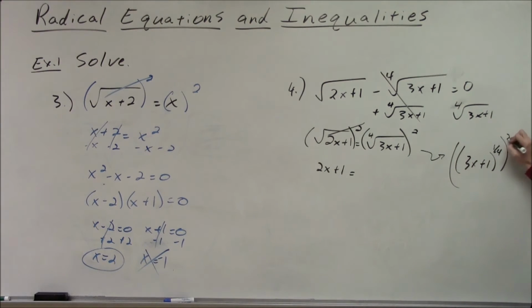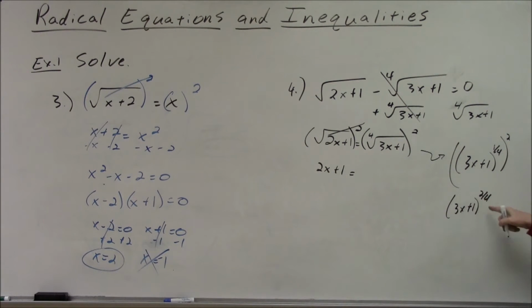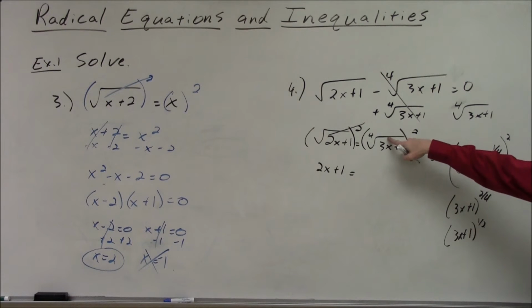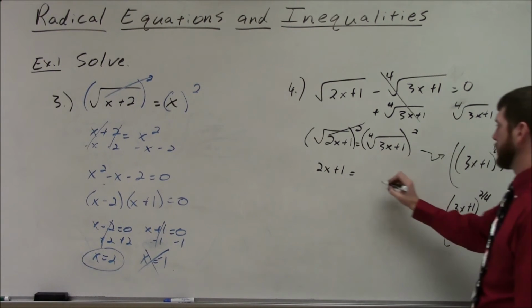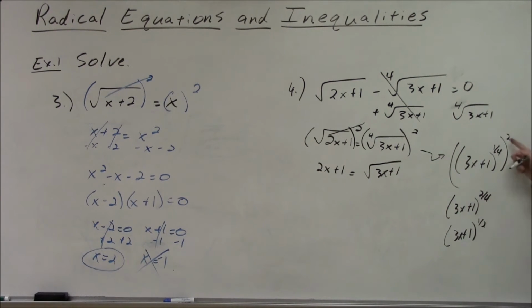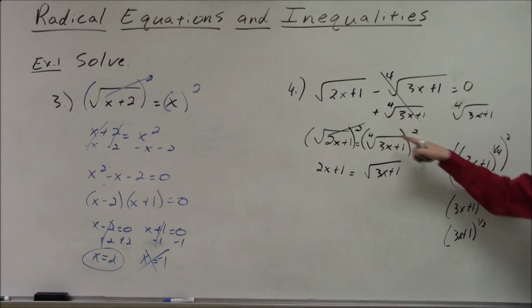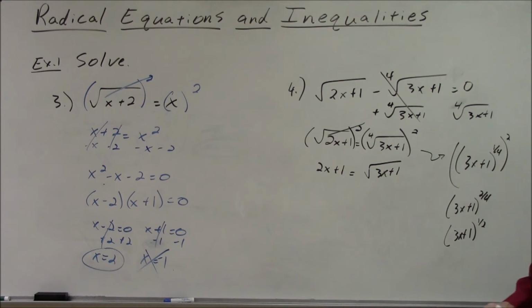So when I square a 1/4 power, I get a 2/4 power, which just reduces to give me a 1/2 power. So the fourth root of 3x plus 1 squared actually is the square root of 3x plus 1. So that squaring of that fourth root, 2/4, just reduced to give me 1/2. So I end up with a square root.